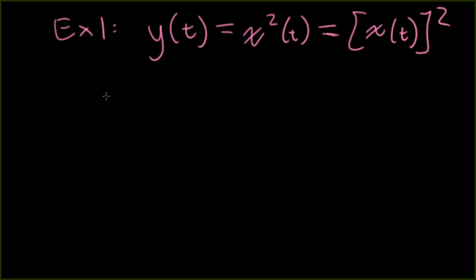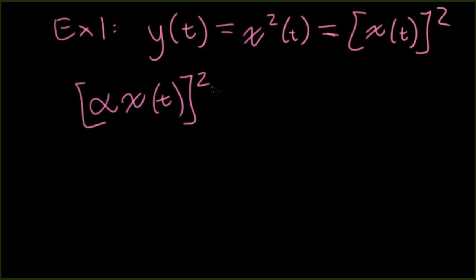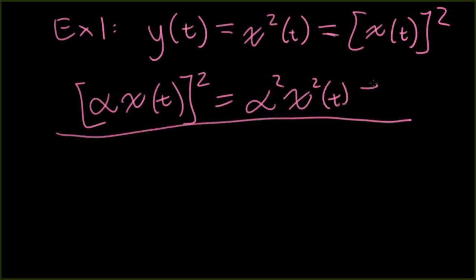If we scale the signal first, and then we square it, the 2 distributes like this. So I have alpha squared, and I'll have the x signal squared. That's what happens if you scale it first, and then you run it through the system.